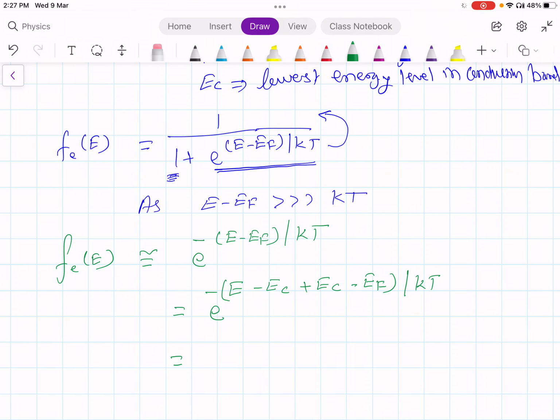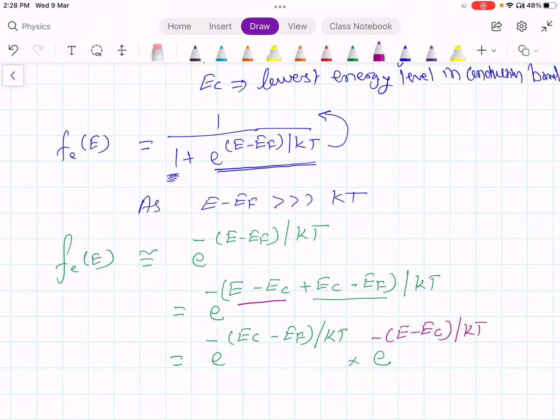This equation we can further rewrite as e raised to minus of (EC minus EF) by kT, into e raised to minus of (E minus EC) upon kT. We have just rearranged this equation. So instead of writing e raised to minus of (E minus EF) by kT, we can write this term.